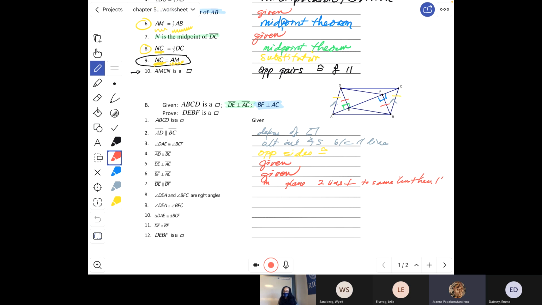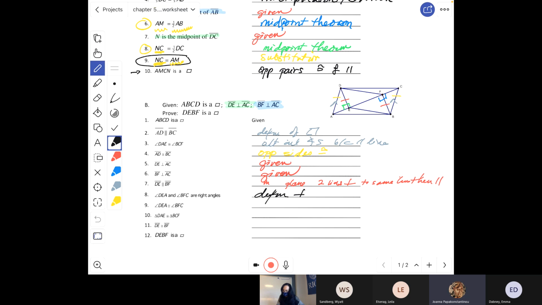And DEA and BFC are right angles. Yes. Definition of perpendicular. And how about angle DEA and angle BFC?